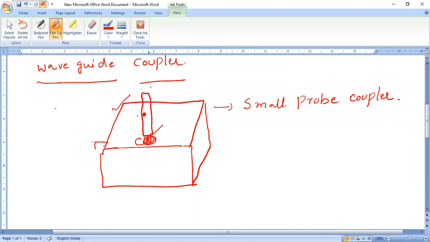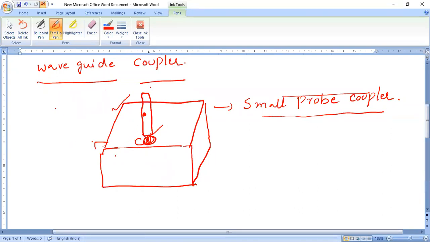Understood? What is this coupling technique called? Small probe coupling. A small probe is used and it is penetrated inside a waveguide.